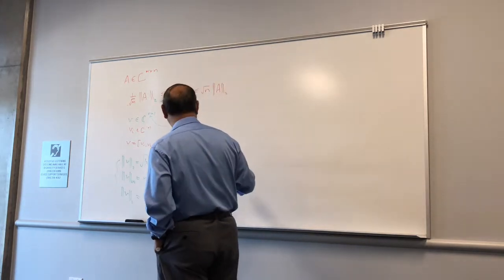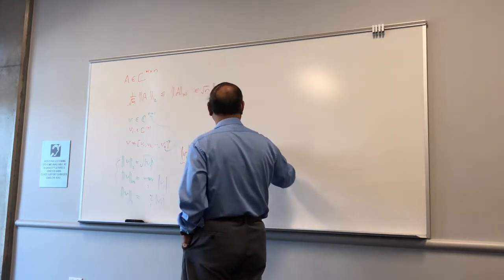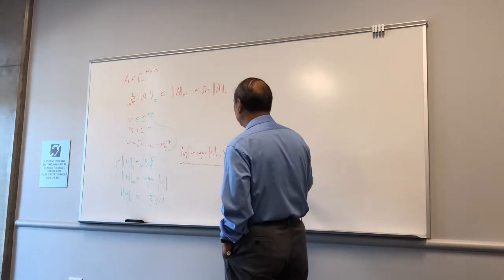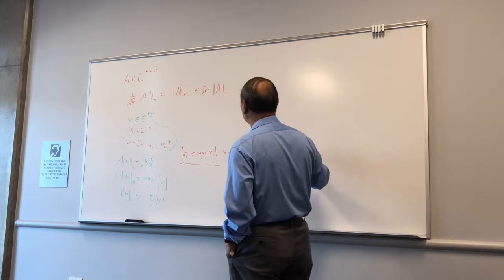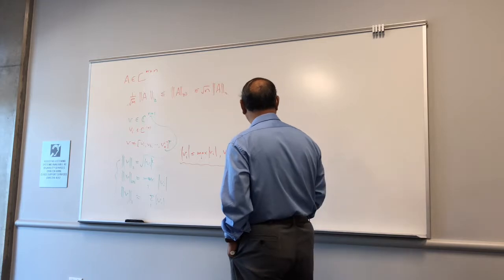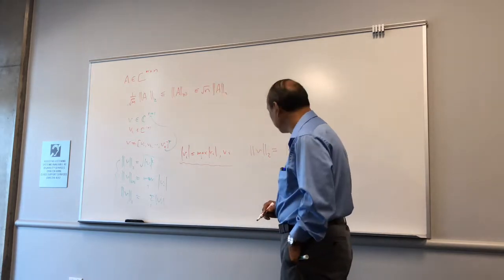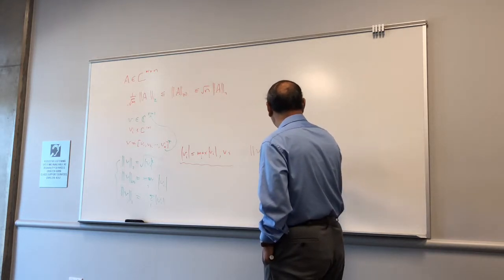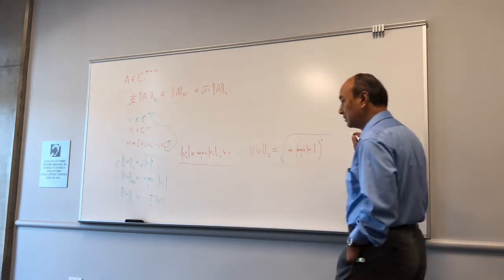So in this case, I put this one in. It's obvious that the 2 norm is just everything together, and I have n of them, so it's n times the max, and this one squared, then we take the square root.